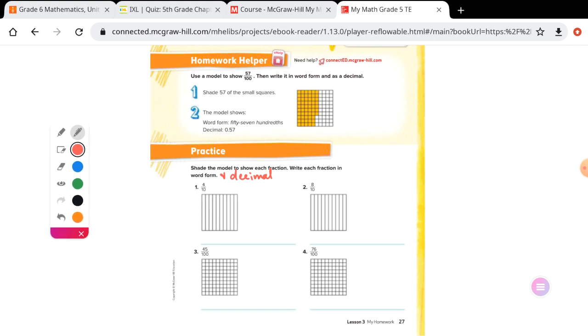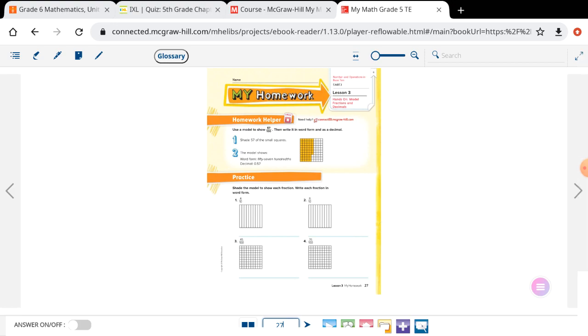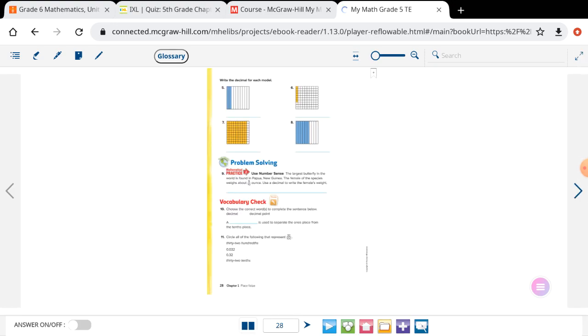And again, I'll write this all up. I'll write the page numbers down for you. And then turn the page. Okay, on this one, add decimals and words up at the top.